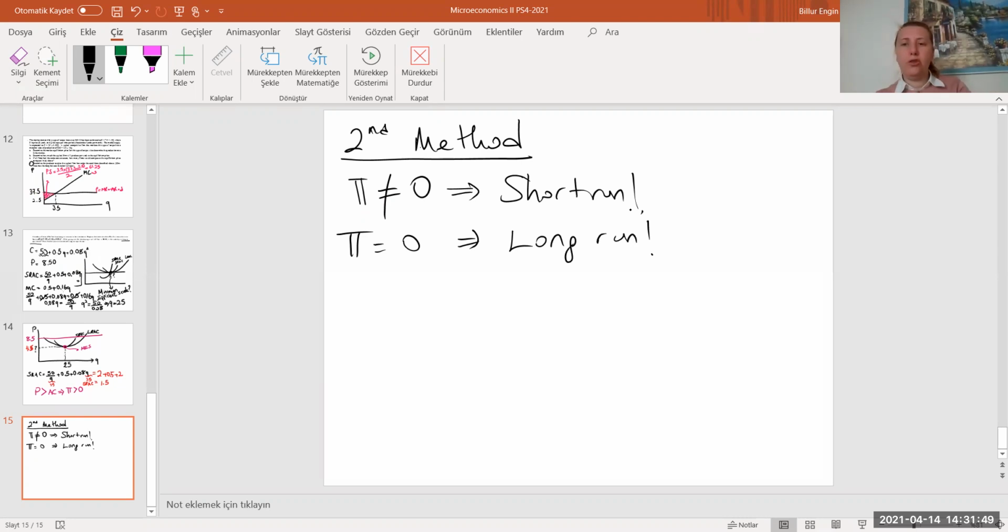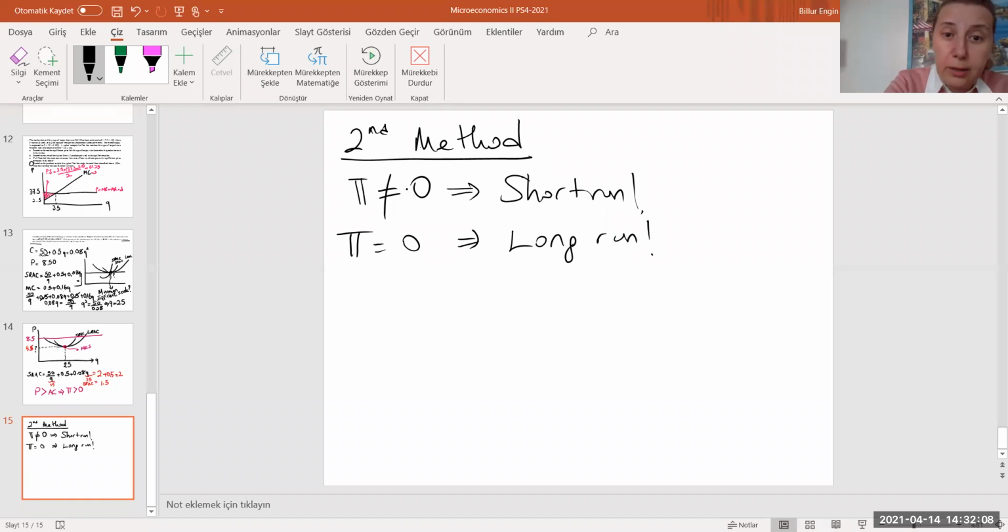Of course, in the short run also there is a possibility to work with the normal profit, we said, but here we can assume that if the firm is having positive profit, we will find it. Then it can be assumed that it's working in the short run.